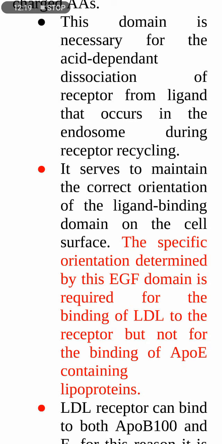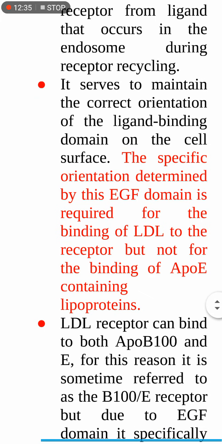The specific orientation determined by this EGF domain is required for the binding of LDL to the receptor, but not for the binding of ApoE containing lipoprotein. So the EGF domain is responsible for the binding of only ApoB100 containing lipoprotein to the LDL receptor.